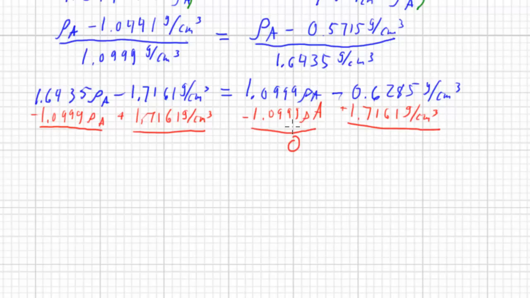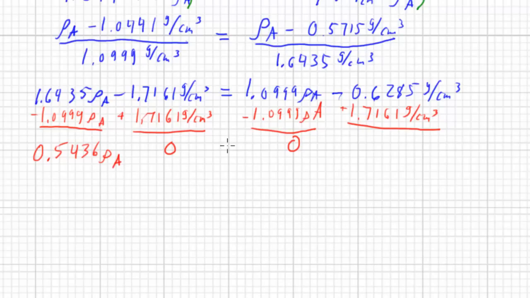Obviously we get 0 here and 0 there. And over here we end up with 0.5436 times the density of the amorphous.